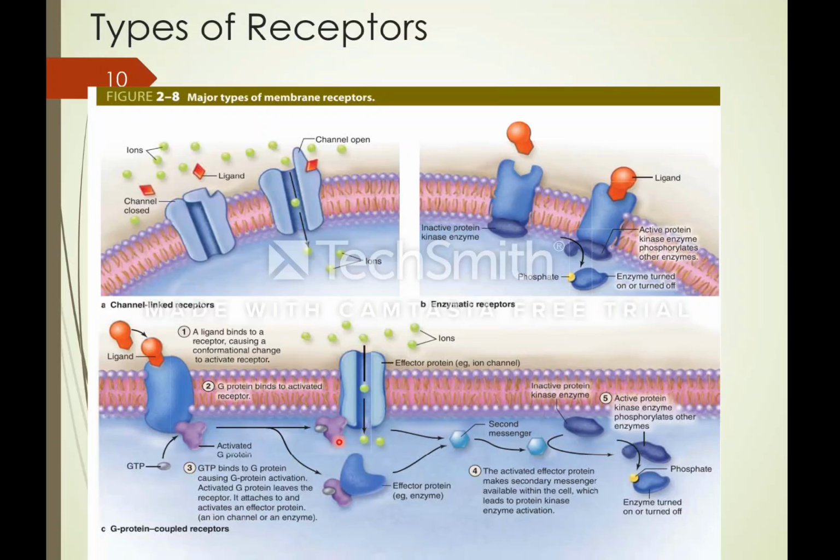Maybe this acts as an effector, maybe it is a channel or enzymatic receptor. It activates some effector proteins as secondary messengers in the cell cytoplasm, and finally some protein kinase enzymes are activated, and finally the enzyme turns on or turns off and does its function.